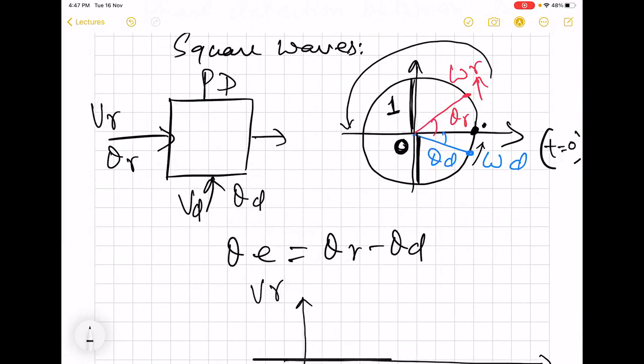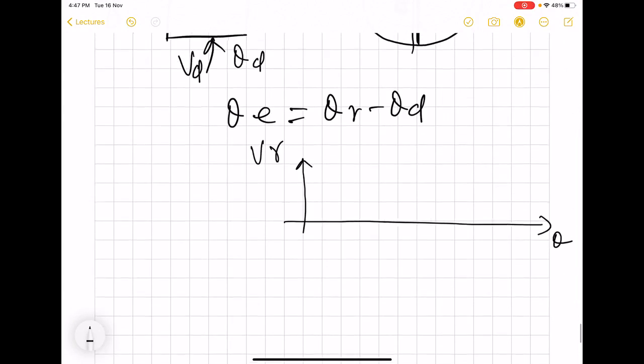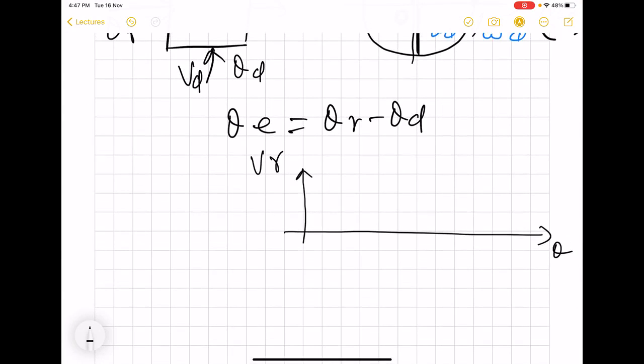So VR is going to be a waveform like this. It becomes 1 before t equal to 0, and it remains 1 for a still longer duration. So this is VR.